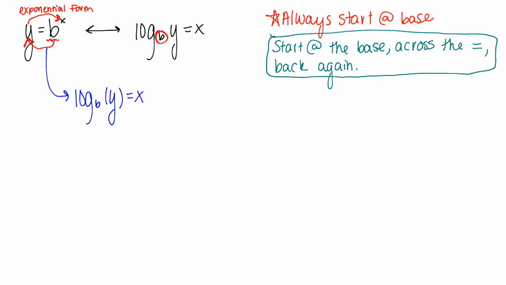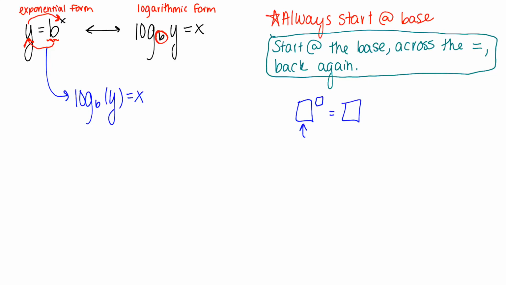It works the same way over here. So if I'm trying to take log base b of y equals x and switch it into exponential form, so right now it's in logarithmic form. If I'm trying to change it into exponential form, I know that it's going to be something where there's a number, an exponent equals something else, right?